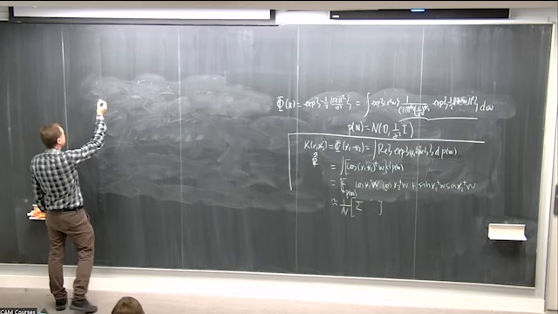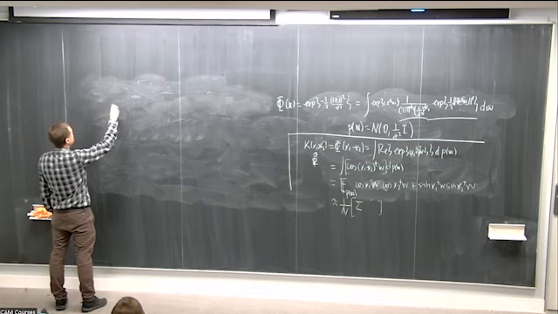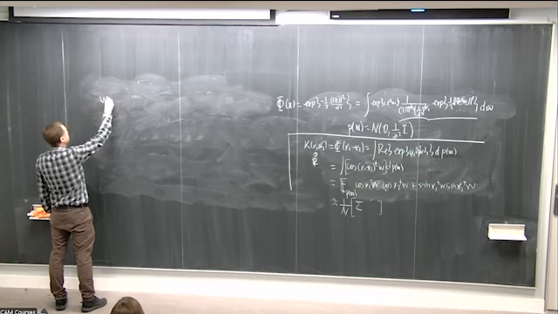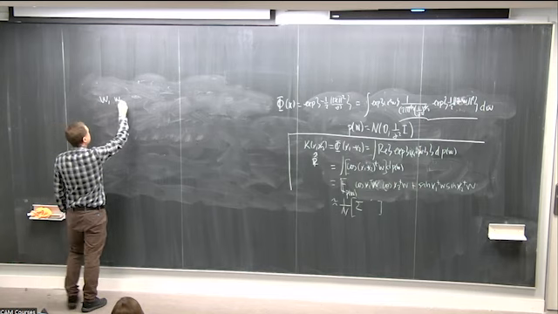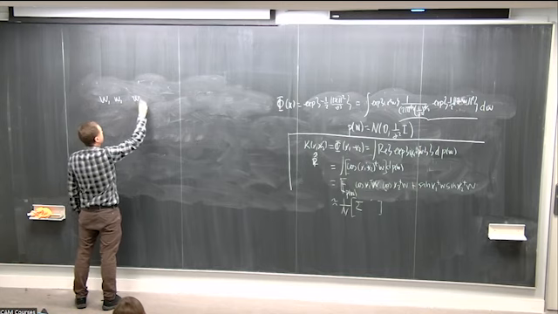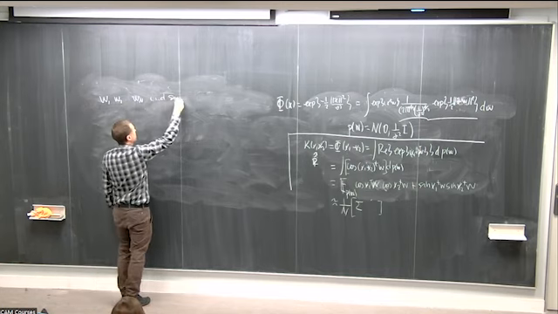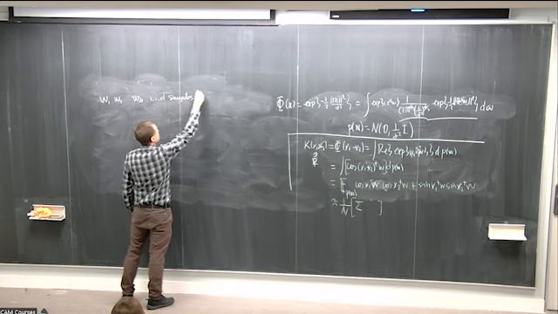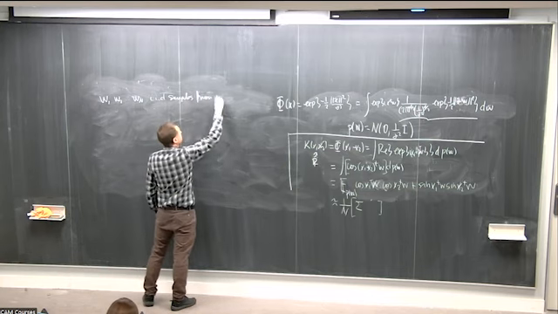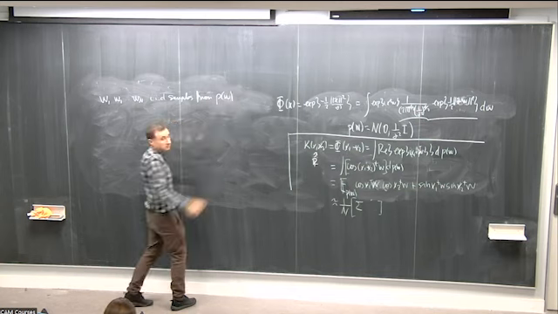Okay, so random features will be as follows. First of all, I take n IID samples from that distribution PW, right?